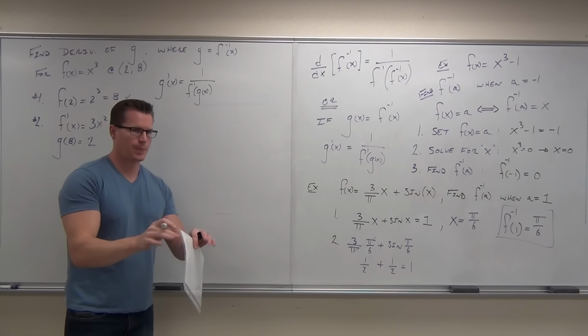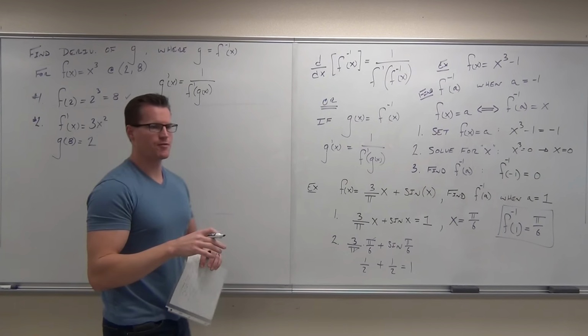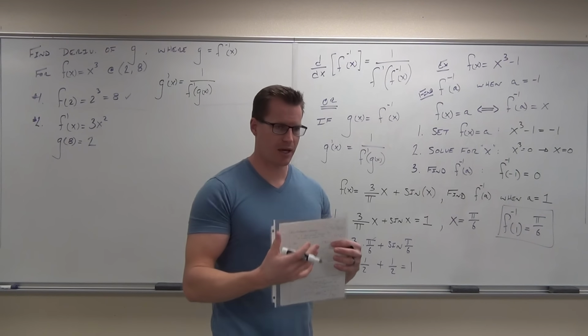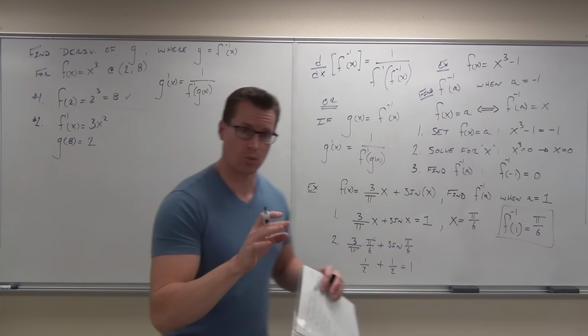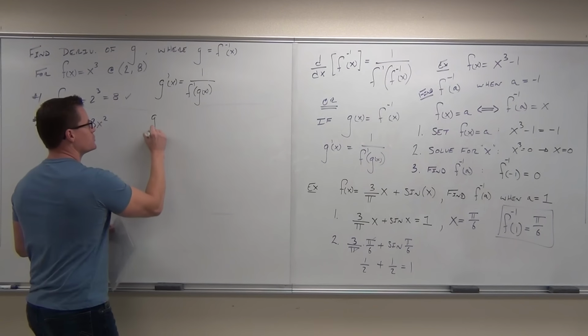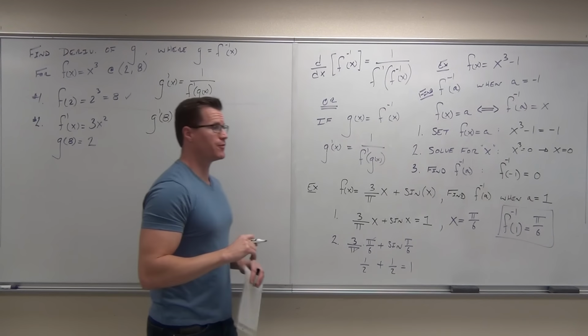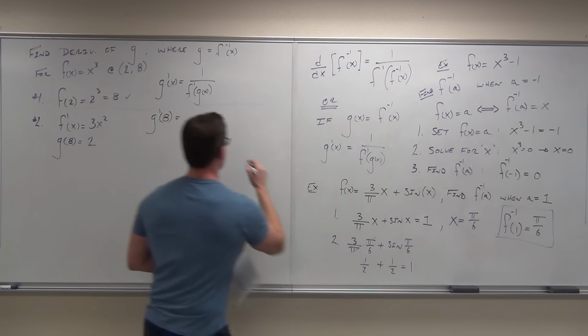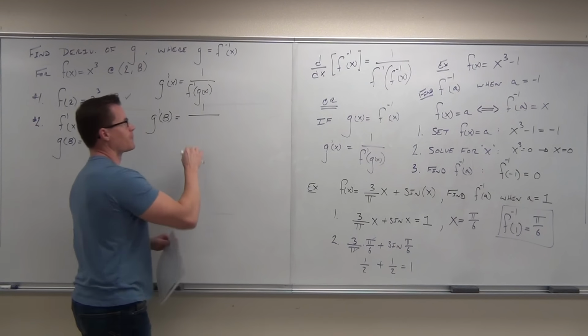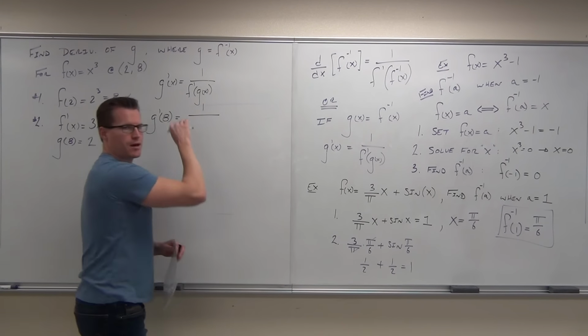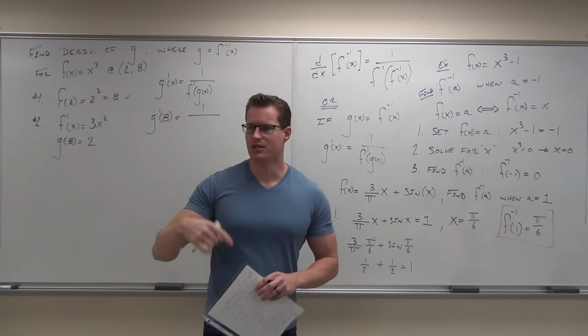Here's what we're going to do. We're not trying to find g prime of x in terms of x, we're trying to find it at an actual point. So we're trying to look for g prime of 8. G prime of 8 says you take 1 over the derivative of f evaluated at g of 8.